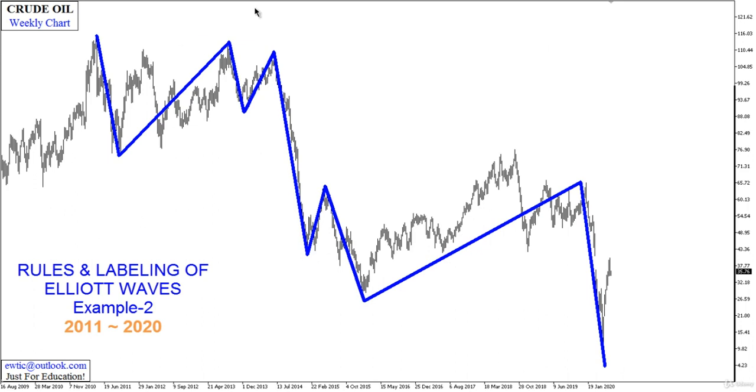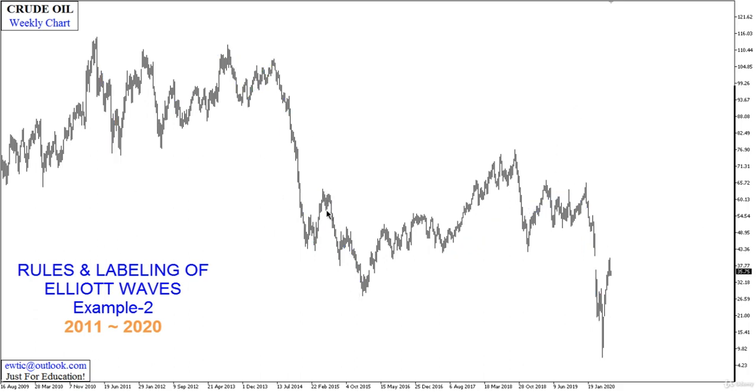So let's label this 1, 2, 3, 4, 5 on different degrees of trends. This small fifth wave has clear 1, 2, 3, 4, 5. So let's label this first. Wave 1, 2, 3, 4, and 5.